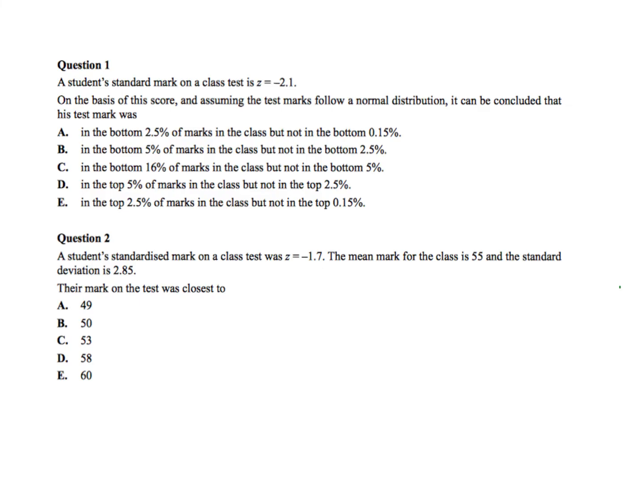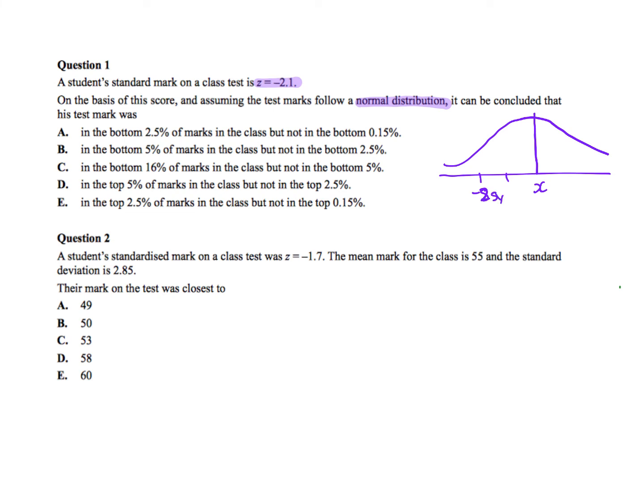1. A student's mark on the class test is a Z-score of negative 2.1. So they are below the mean. On the basis of this scoring, assuming that the marks follow a normal distribution. So I told you they have to tell you that. And as soon as you see that, you're dealing with the bell shape. So if he's got a Z-score of negative 2, he's down here somewhere.